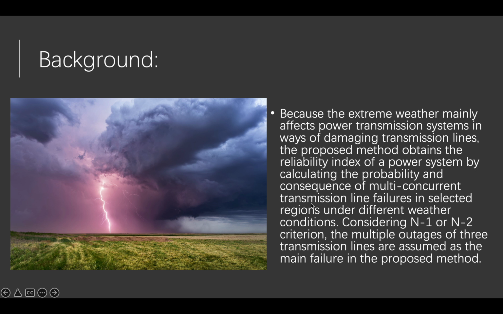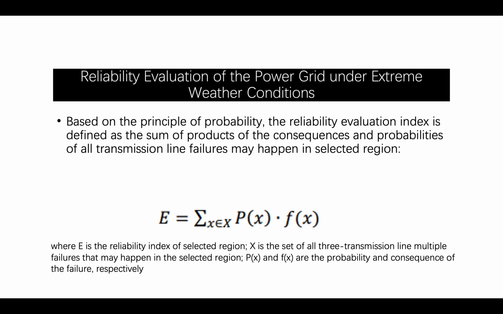Considering the N-1 and N-2 criteria, the multiple outage of three transmission lines is assumed as the main failure in the proposed method. Based on the principle of probability, the reliability evaluation index is defined as a sum of products of the consequence and the probability of all transmission line failures that may happen in the selected region.